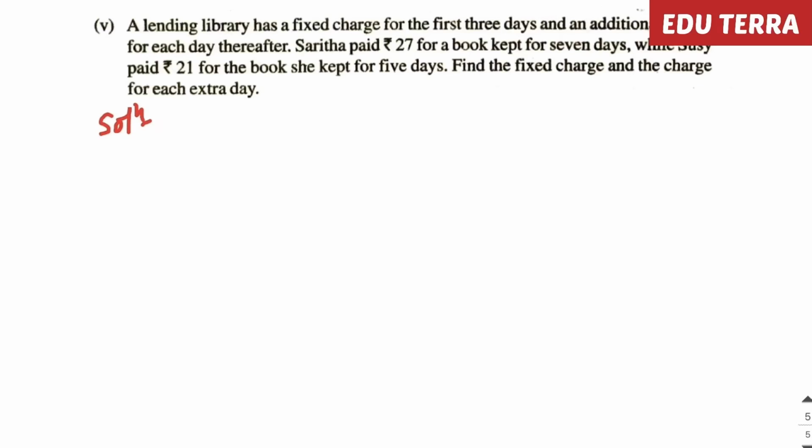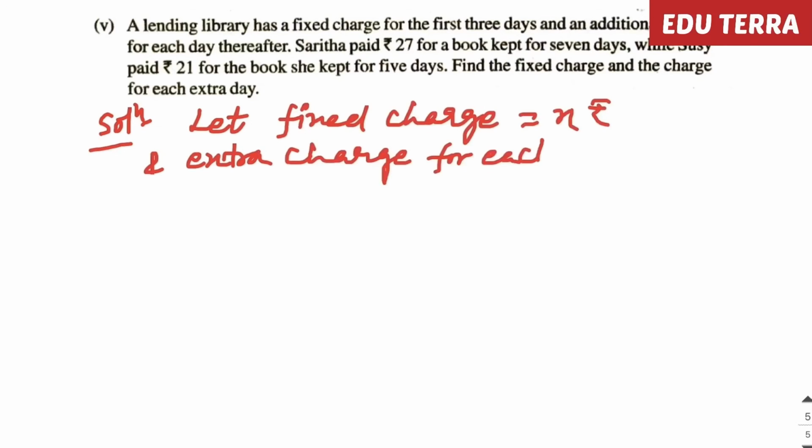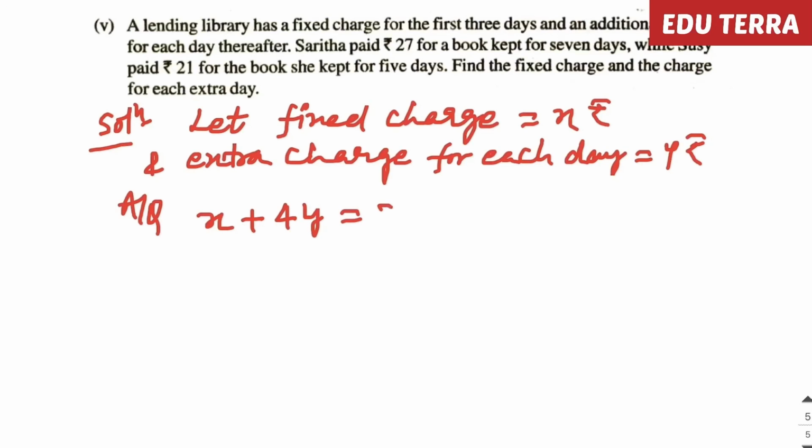Solution. Let the fixed charge be x and each extra day be y rupees. So according to the question, try to form the equation. x plus 4y equals 27.